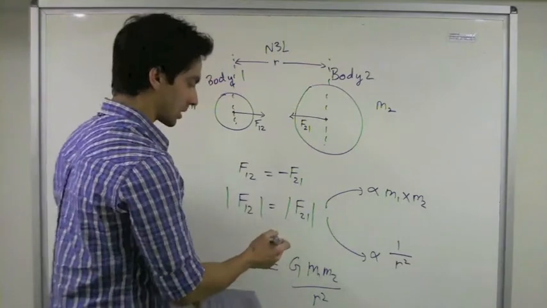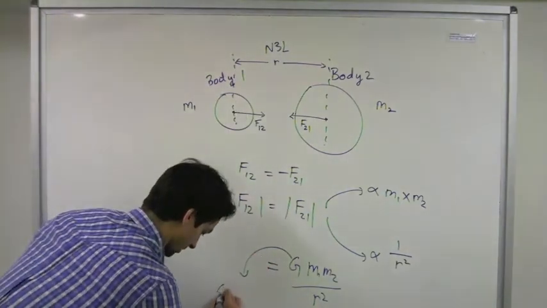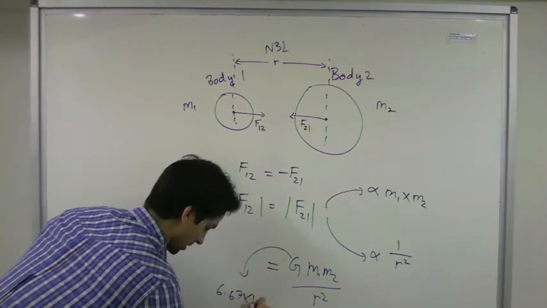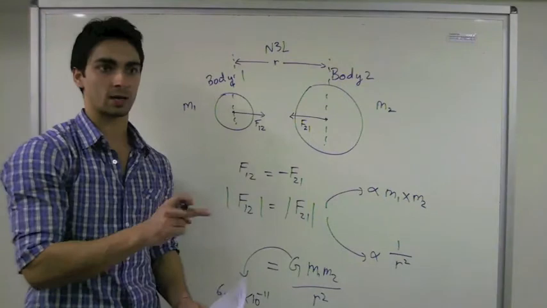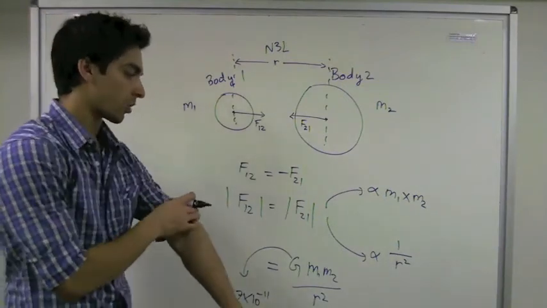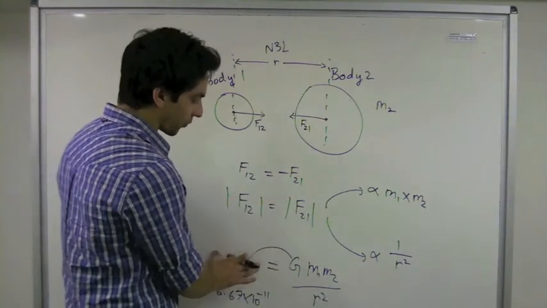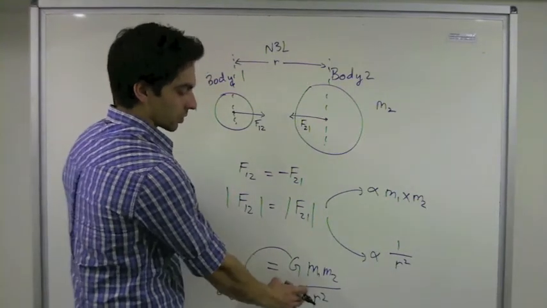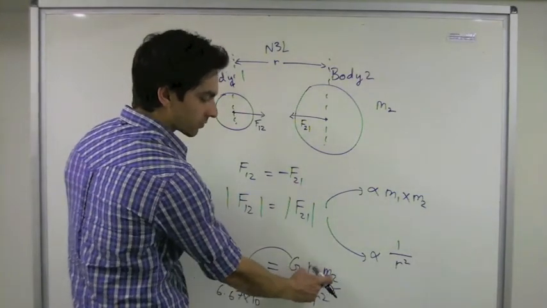Now, we should let them know that G has a value of 6.67 times 10 to the power minus 11. Again, this is going to be provided in the data booklet, but what's most important is that you explain how to get the units for this. Again, on one side you have force, which is measured in newtons. On the other side you have meter square, and you have kg square.